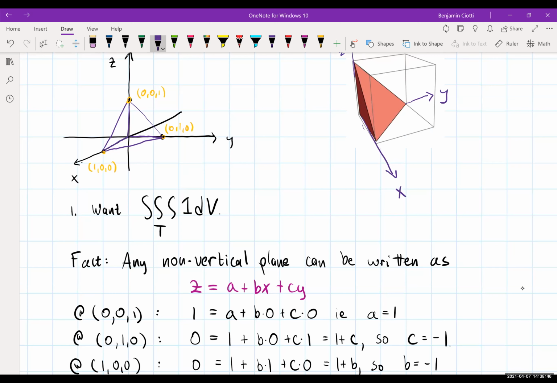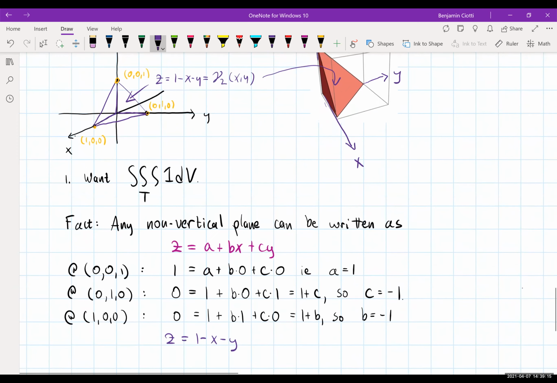Okay, so one minus x minus y, that's like my, what did I call it? Gamma 2 of x and y in the definition of an elementary region. It's the same as this space here. So that's like my upper function. The lower one is easy because the thing just lives in the xy plane.